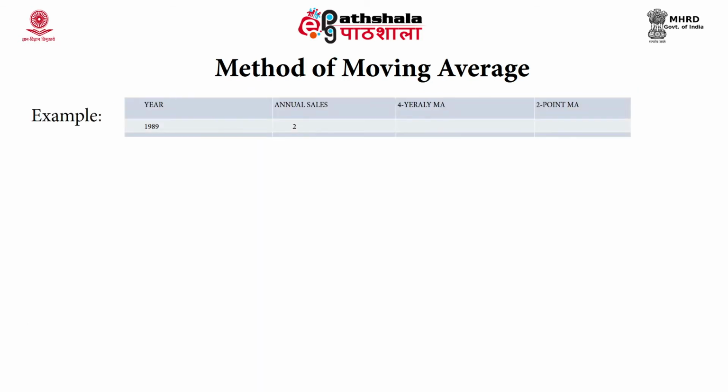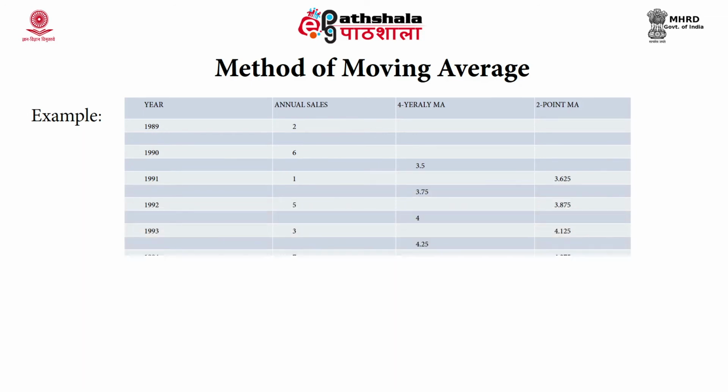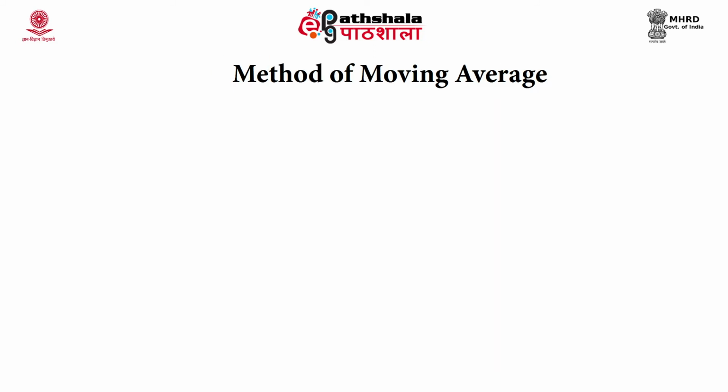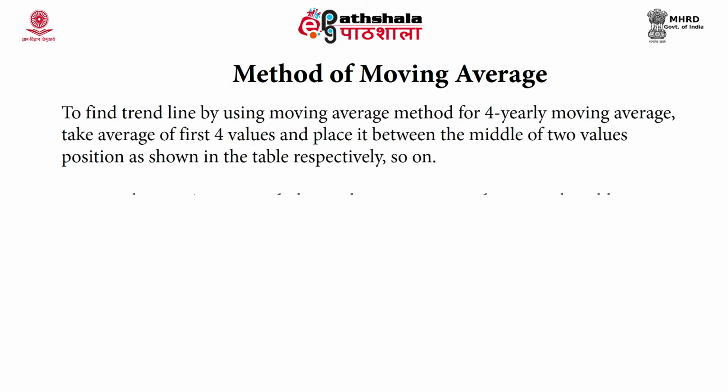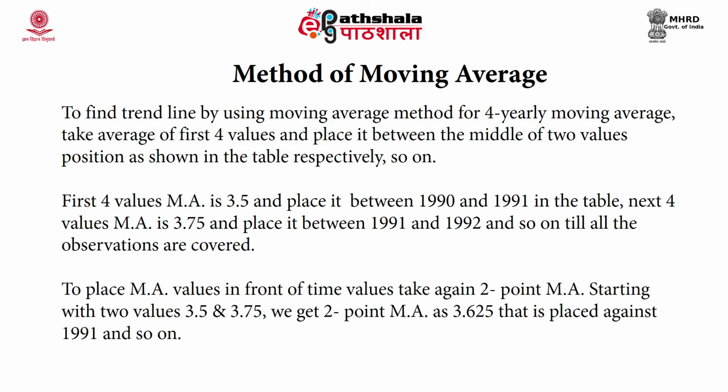From this example, we can see that in the first column we have the years, in the second column annual sales are given, and in the third column we have the 4 yearly moving average. The 4 yearly moving average is computed from 4 observations, that is annual sales in 1989, 1990, 1991 and 1992.